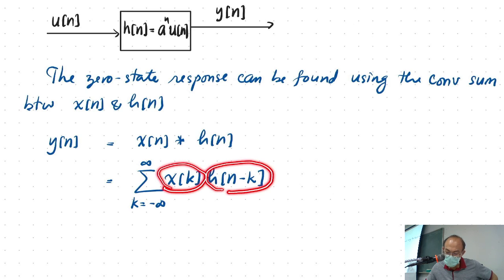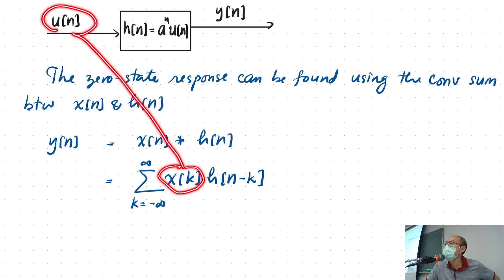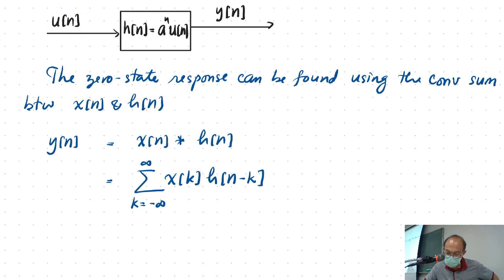This example states that the input x is the unit step, so we need to plug in u into x. But in this summation, the variable inside the brackets is k, so we need to change from n to k.